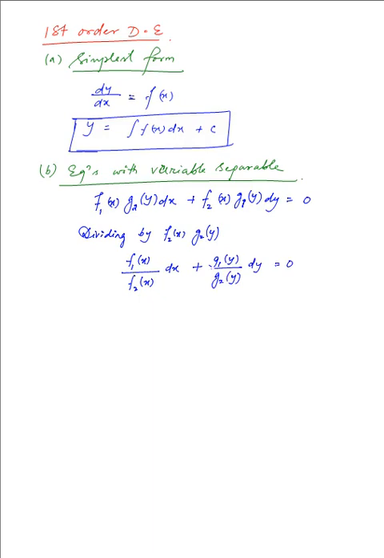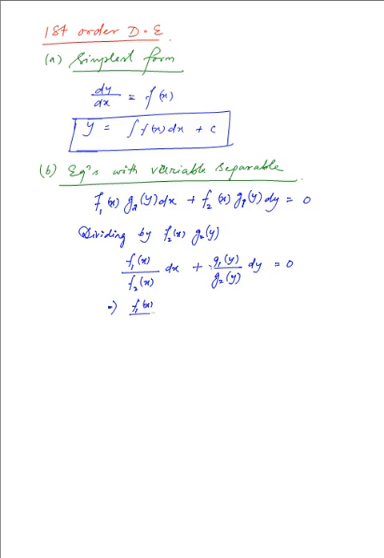On the right hand side there was 0, so no problems with that. So now we have separated these variables that involved different functions. Now they will be easier to integrate.